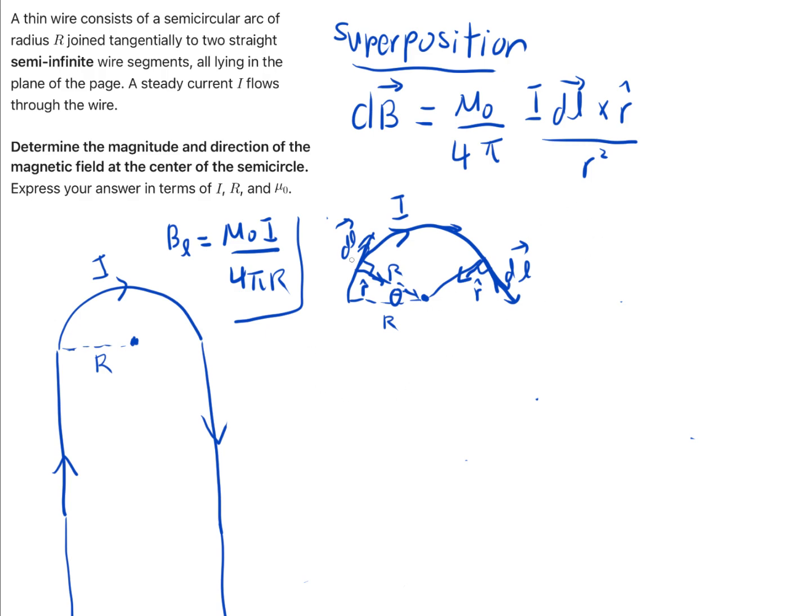So because of that, let's call this phi the angle between dl and r hat. So that's always going to be equal to 90 degrees for all points on the semicircle.